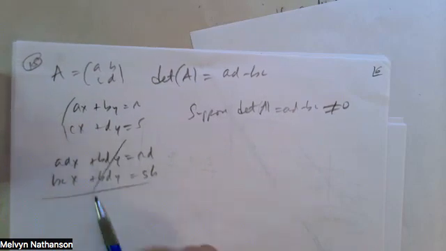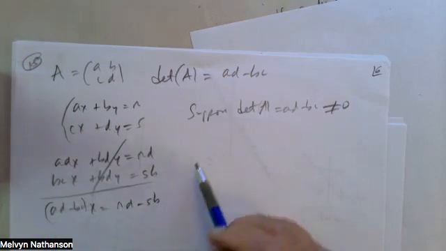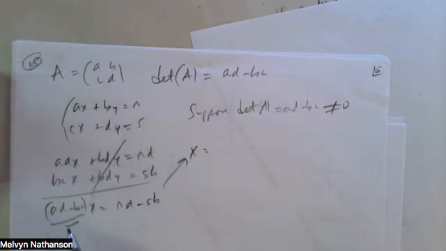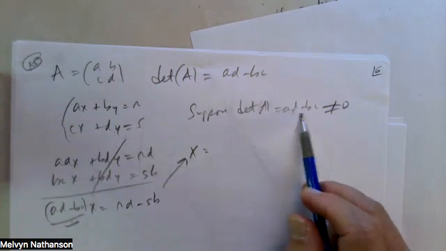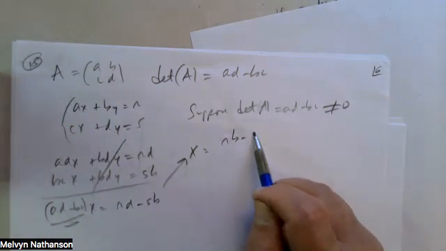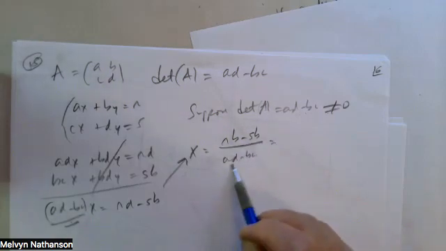You can subtract, these cancel. You get AD minus BC times X equals RD minus SB. So X, and I can divide by AD minus BC because my hypothesis was this is not 0. So X is RD minus SB over AD minus BC.